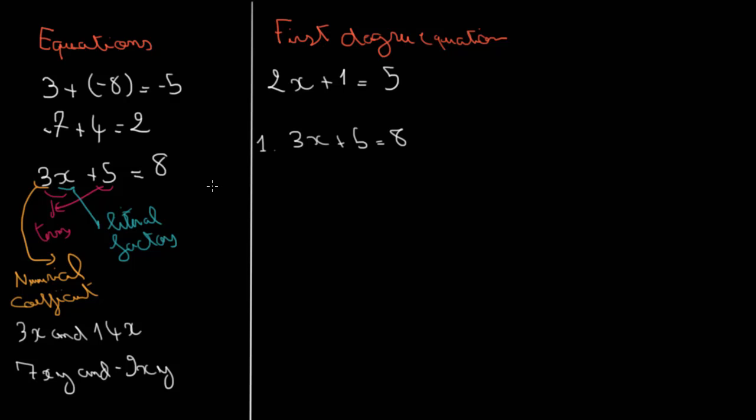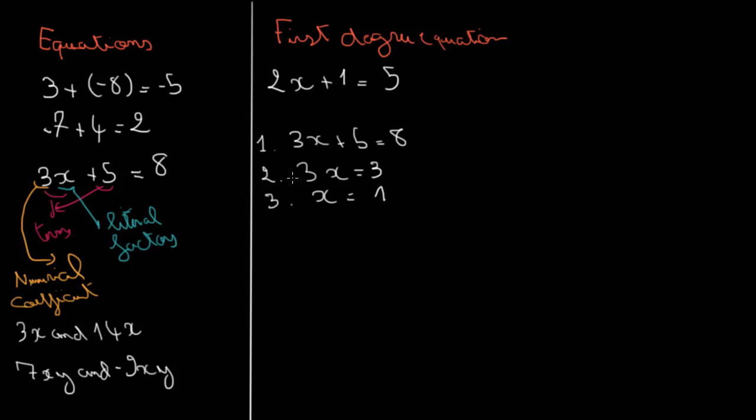The equivalent equations are, if we take another one, the second one is 3x equal 3, and the last one is x equal 1. Now, you're wondering, how do we solve these equations? How did we get x equal 1?